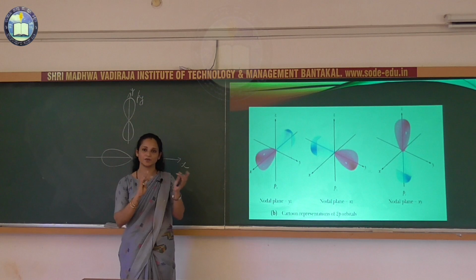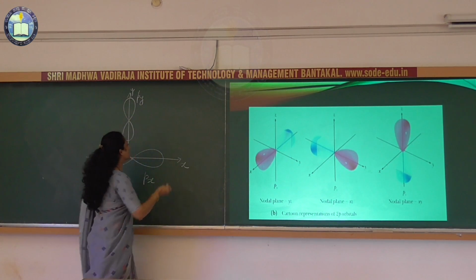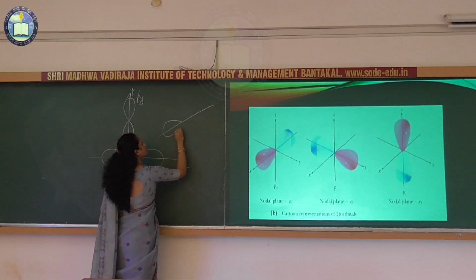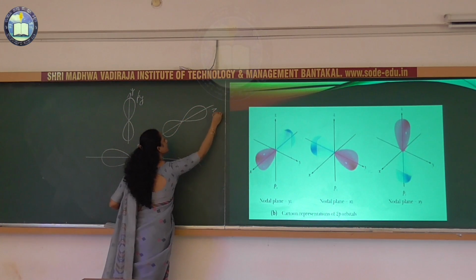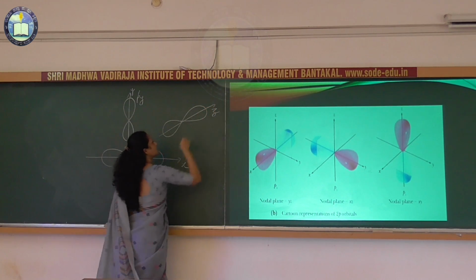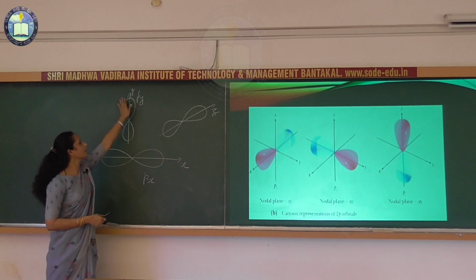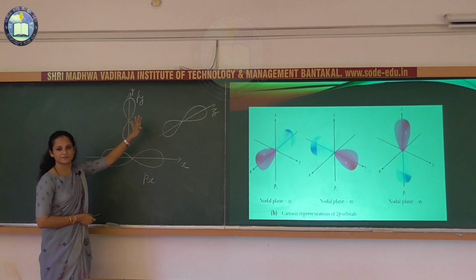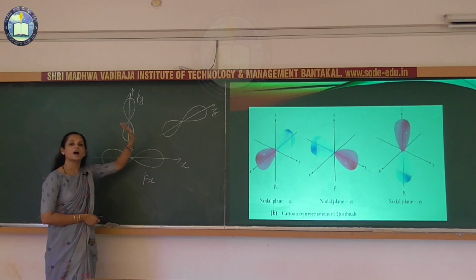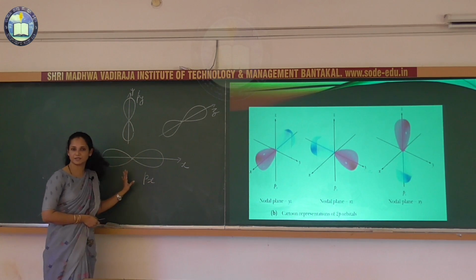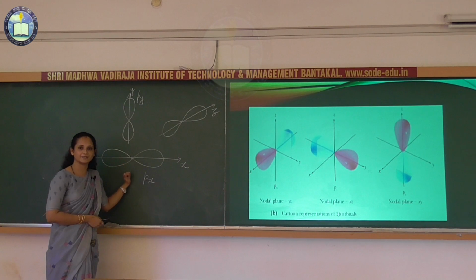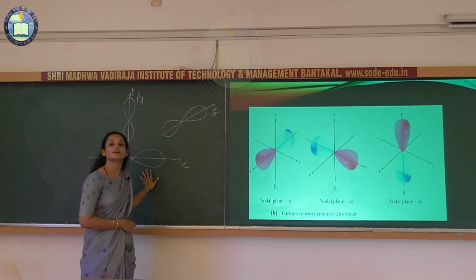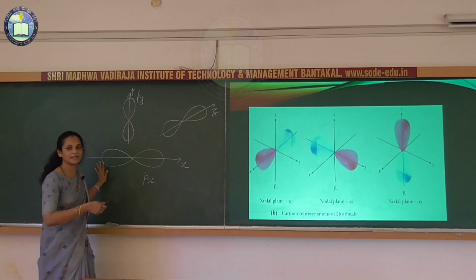You can interchange any of them, x, y, z. Because if I show the z axis like this, you have to show the lobes on this z axis. You have to remember this. These are degenerate orbitals; we will explain later.